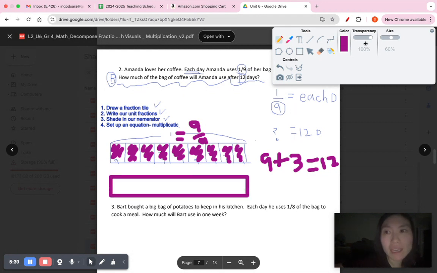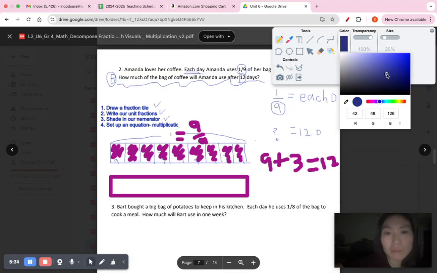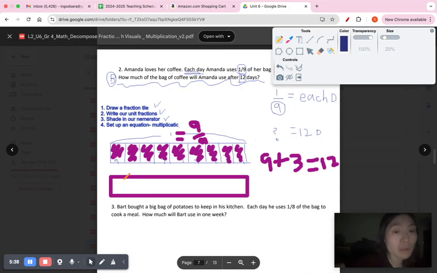And I'm going to do the same thing here, the same thing with blue right here. I'm going to have the same equal parts because the total number of my equal parts didn't change. So 1, 2, 3, 4, 5, 6, 7, 8, 9. Yay. And I'm going to do the same thing.